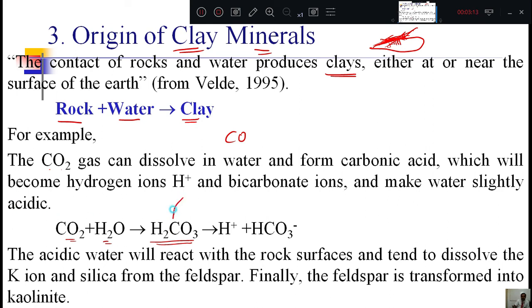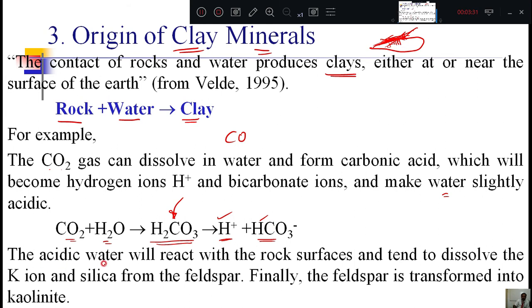This will again dissociate and make H+ and HCO3-. When this happens, I can say that the water is more acidic. Why? Because H+ ions are more, therefore I can say that it is acidic.